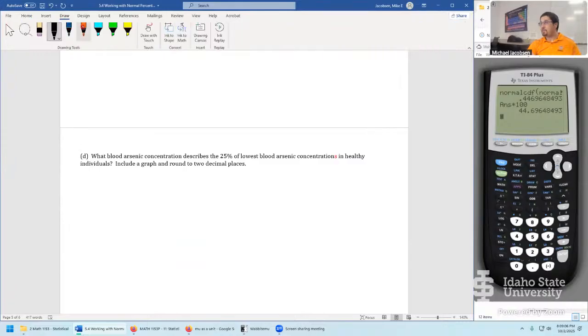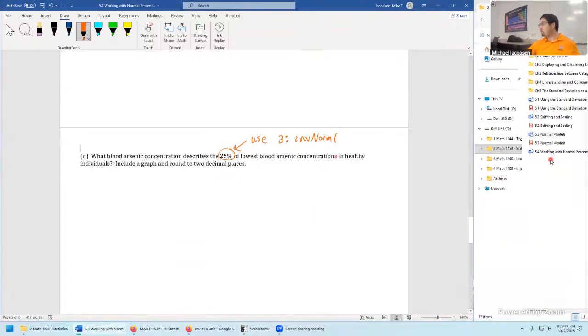And this time, when we organize our thoughts on what function we should use, the fact that a percentage is given is the dead giveaway that we want to use option 3, inverse norm function.